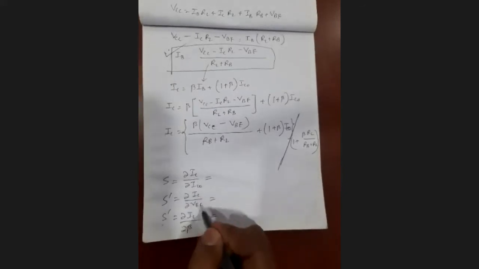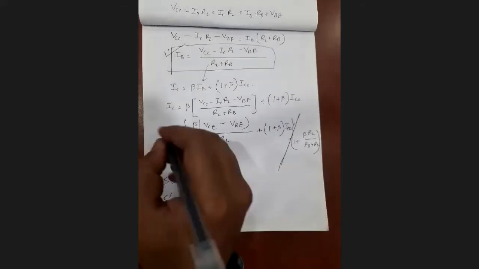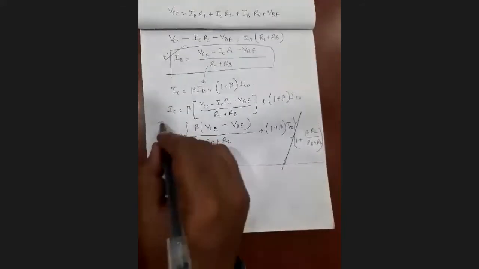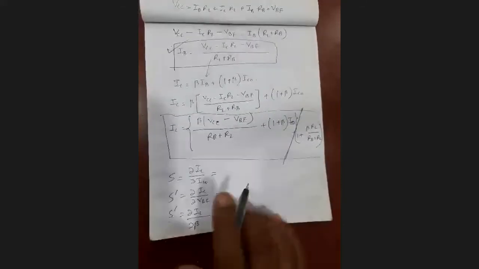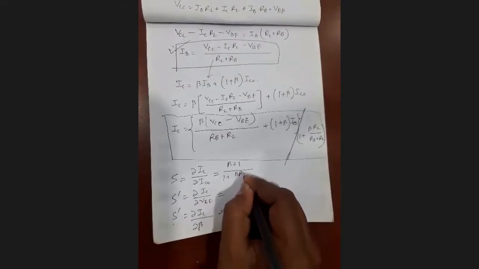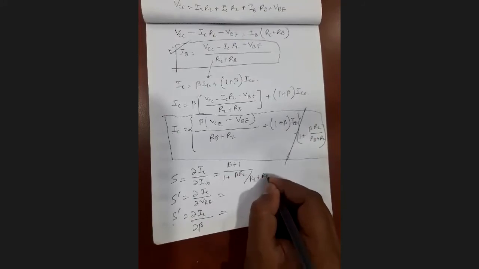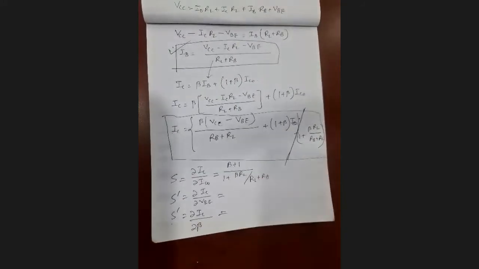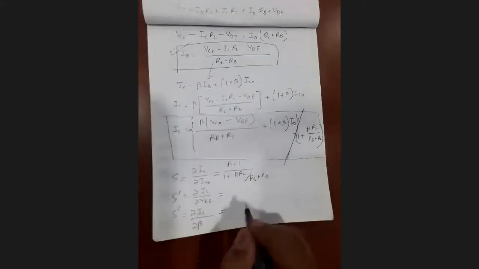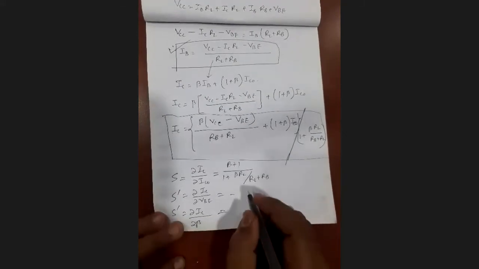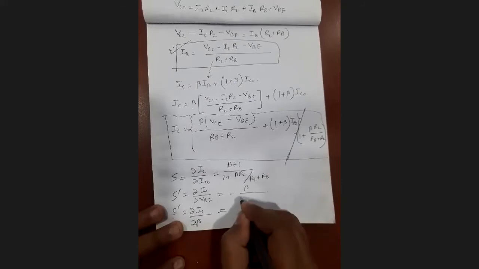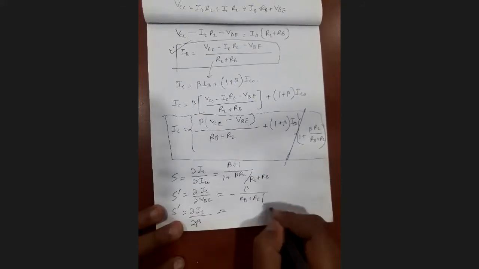What is the value of del IC by del ICO, del IC by del beta, del IC by del VBE? So this is the value of IC. The value of the first one is 1 plus beta, if you do it at home, over 1 plus beta RL divided by (RL plus RB). Del IC by del VBE equals beta divided by (RB plus RL) into (1 plus beta).